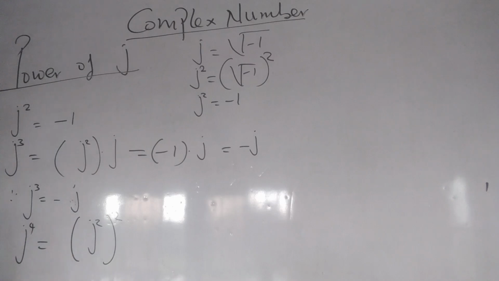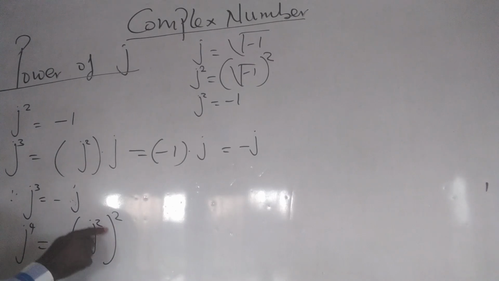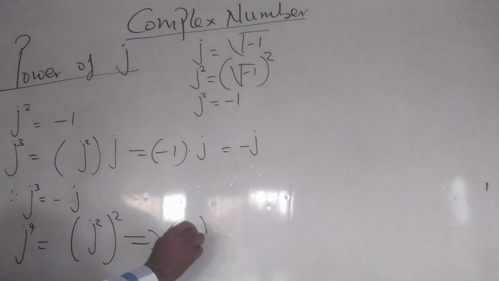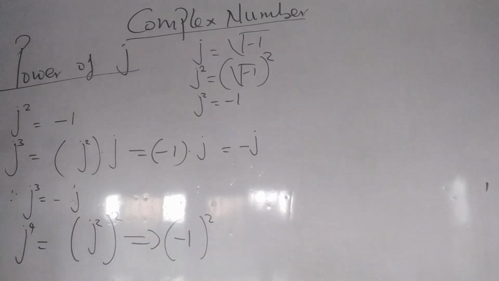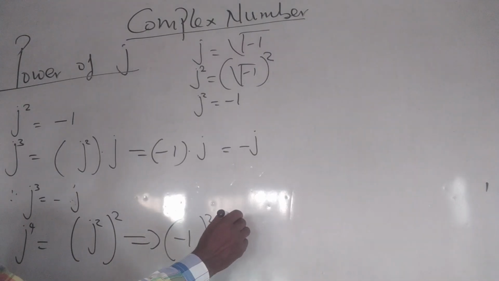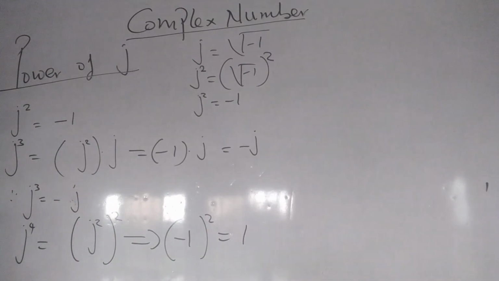Now for the fact that we know that J squared is minus 1, we can easily say minus 1, substitute J squared, then square. And of course, minus 1 squared is the same thing as 1, because minus 1 times minus 1 is equal to 1. So you can say that J raised to the power of 4 is equal to 1.